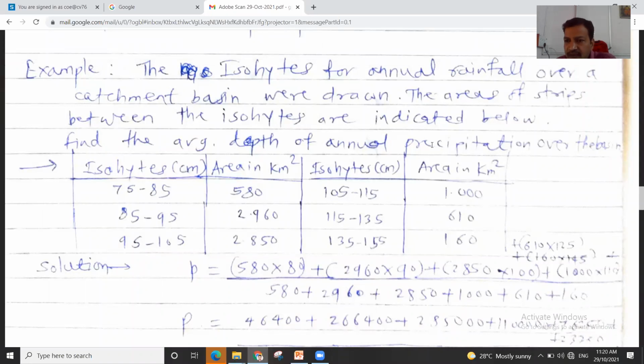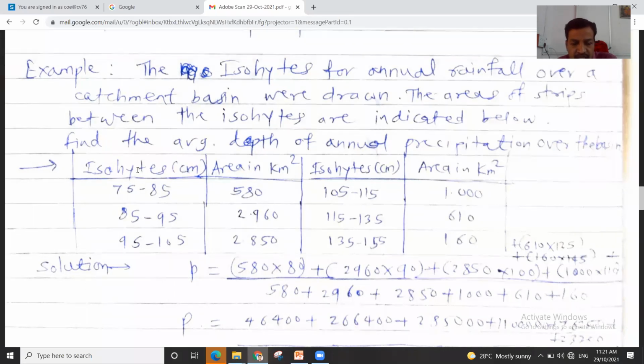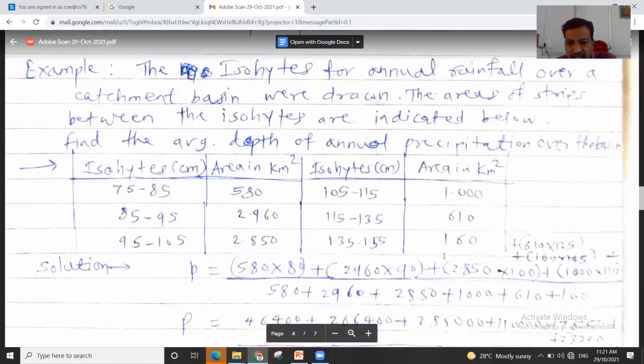The catchment area जिथं पाण्याचा साठा आहे, the water that is stored in the reservoir, in the lake or in the reservoir, त्याला काय म्हणतात? त्याला काय म्हटलेलं आहे? कॅचमेंट बेसिन or कॅचमेंट एरिया. ते प्रत्येक आयसोहाइट मधली ती एरिया दिलेली आहे, एरिया इन किलोमीटर स्क्वेअर for each isohyet. The area between each isohyet is shown here. It is given in this table.